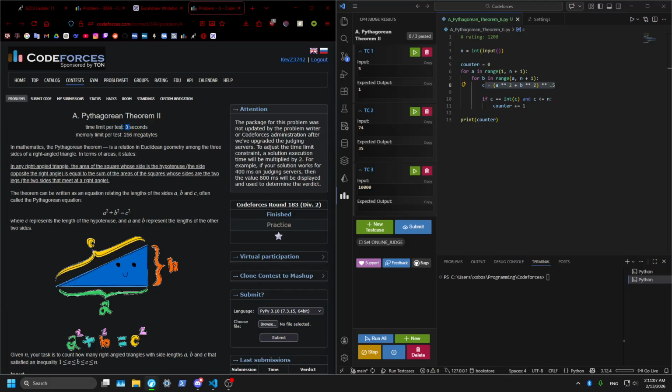math.isqrt. What is this, and why is it better than math.sqrt?